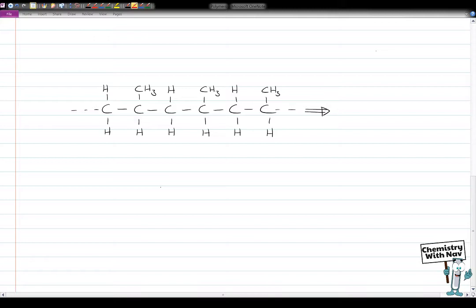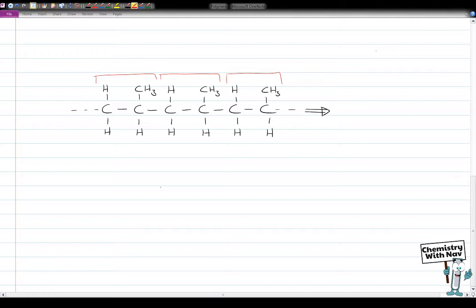So what you're looking for is some sort of repeating pattern, and the repeating pattern that we have here is in this H, CH3. Now you could also say that the repeating pattern was here, but because you end up with two half repeats at the ends, then you have the same thing. So I'm going to stick with what I've done at the top there.